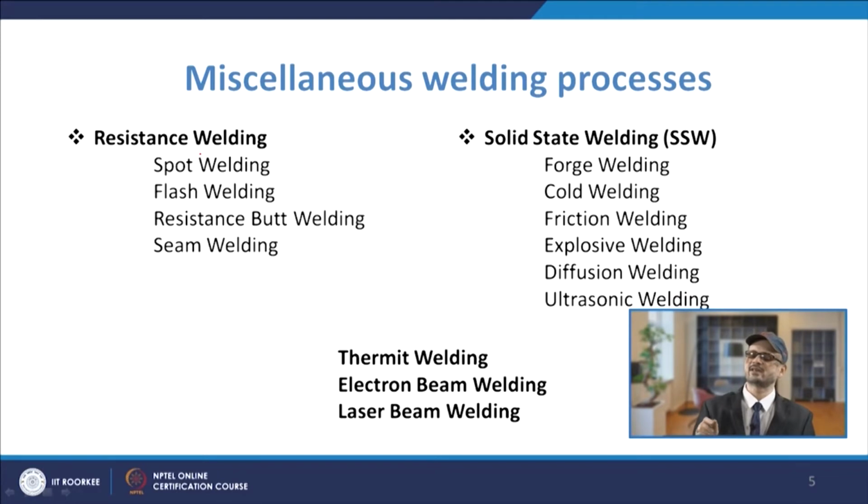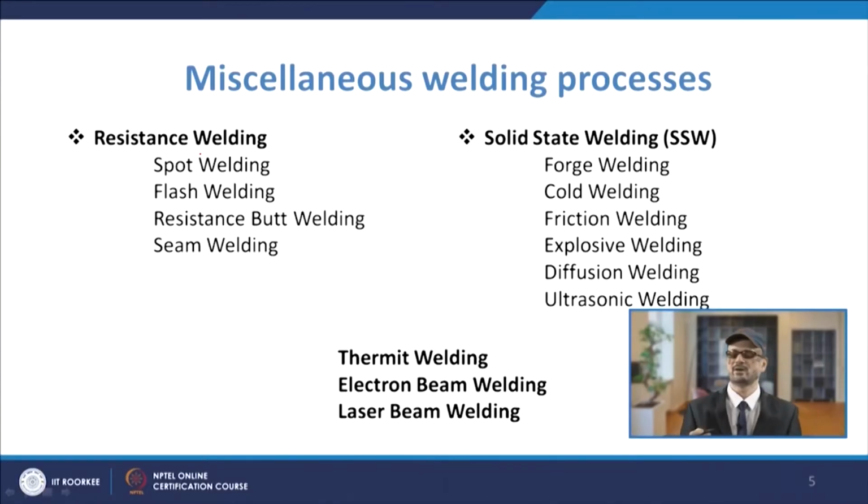Similarly, you have solid state welding, where you have forge welding, cold welding, friction welding, explosive welding, diffusion welding and ultrasonic welding. These are the processes which talk about welding in the solid state only. Like in forge welding, when you forge the material at high temperature, or even at normal temperature, because of that force they get attached.